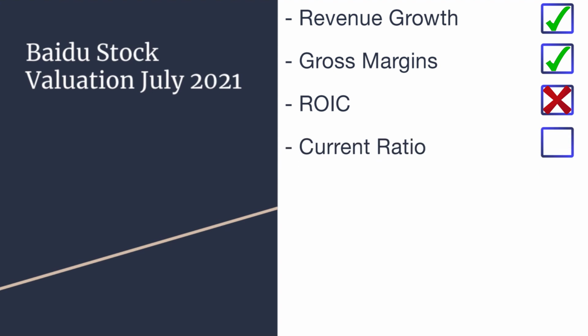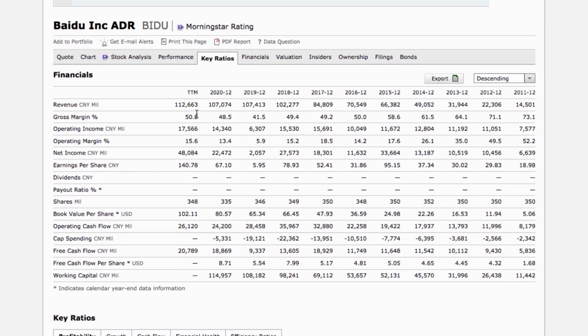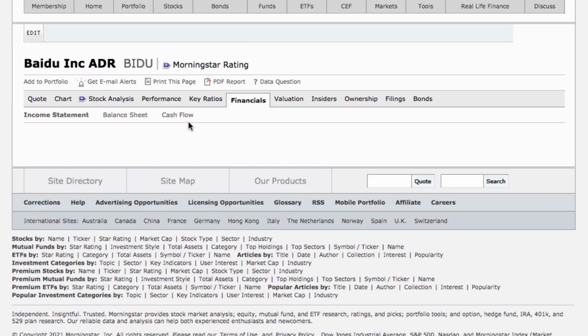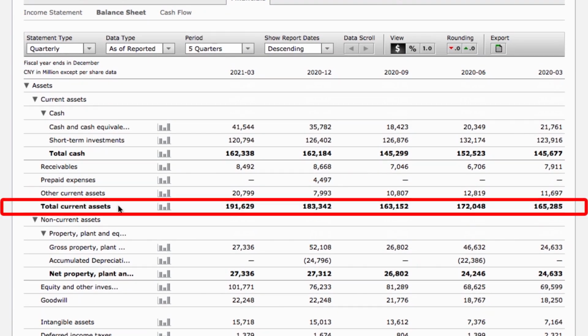The current ratio. The current ratio is the ability for the business to pay off its short-term debts. Very important. We don't want the business to be in any sort of financial trouble of any kind. So what we do is we go into the actual financial statements, specifically the balance sheet. In the balance sheet, we're looking for this total current assets number.